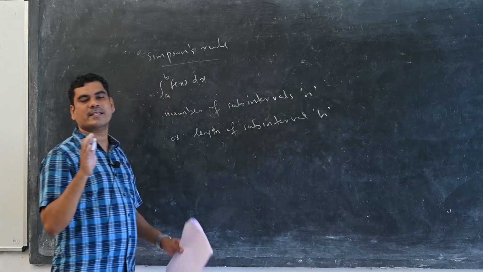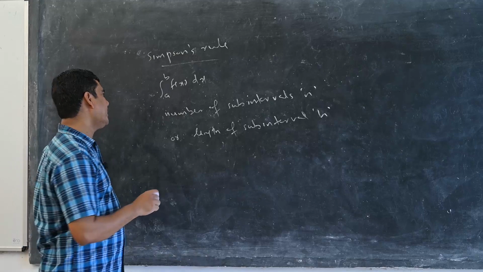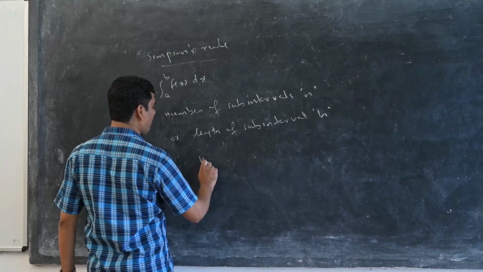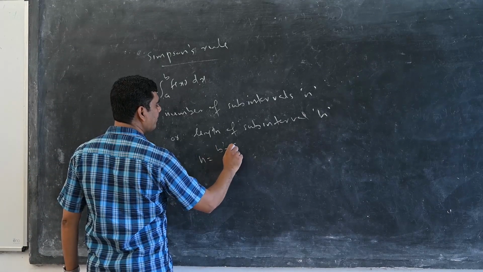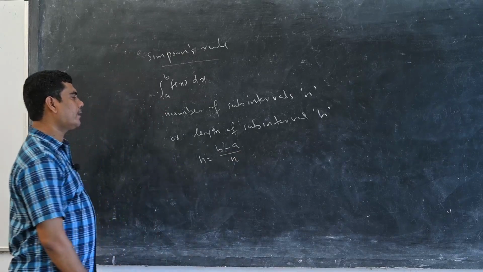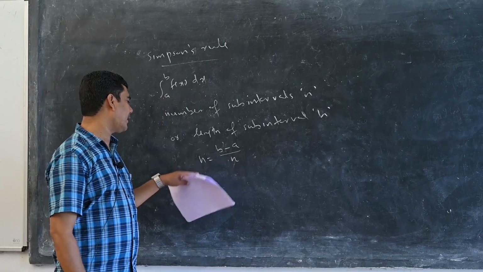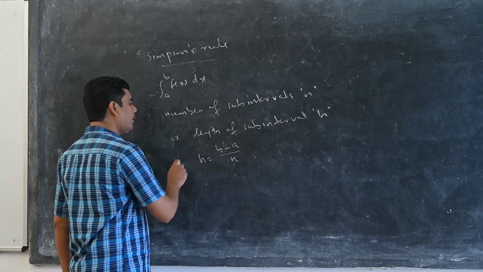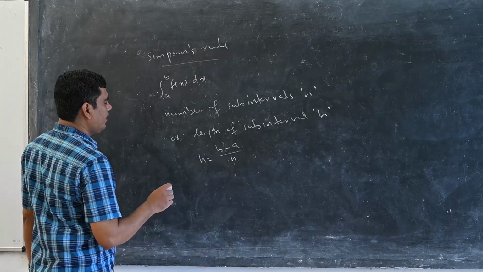The relation connecting these two is h is equal to b minus a divided by n. This is the relation connecting the subinterval length h and the number of subintervals n.